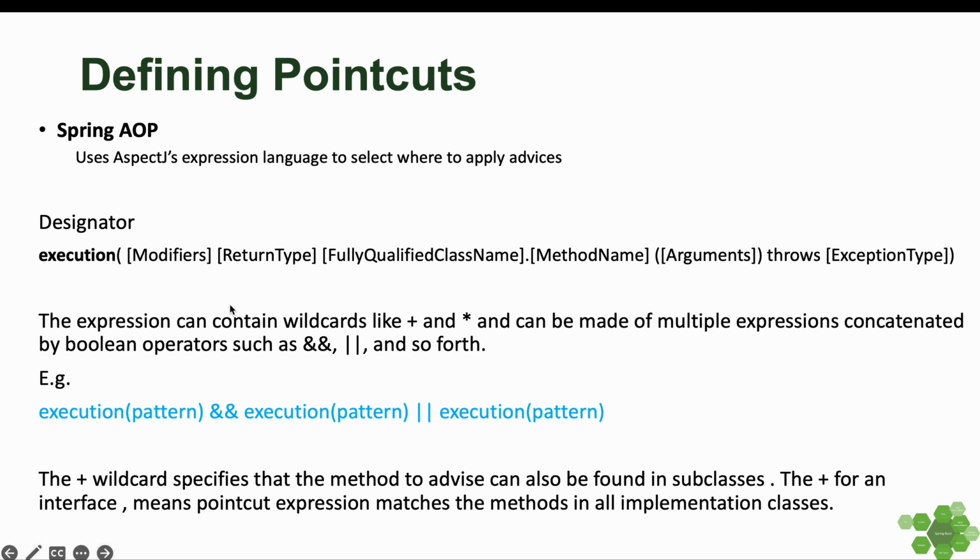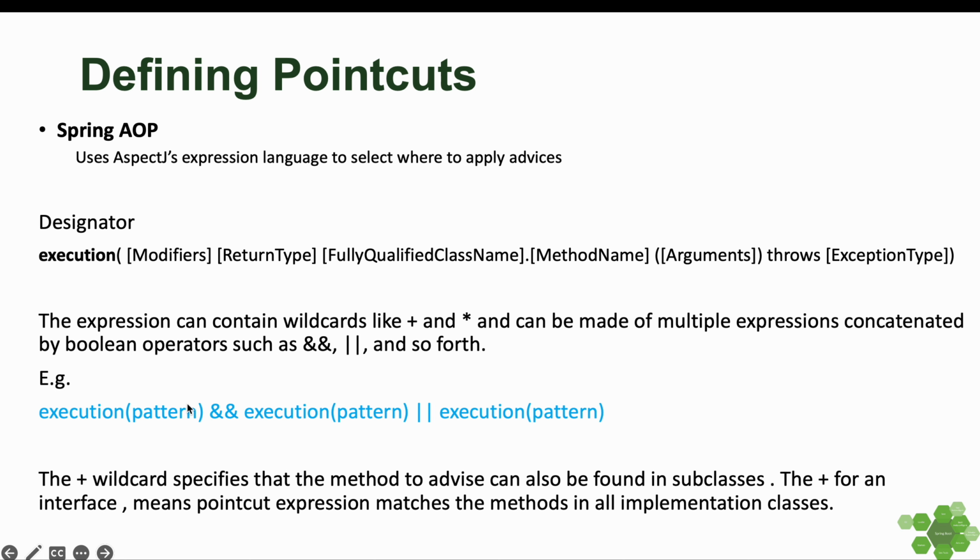The expression can contain wildcards like plus and star, and can be made of multiple expressions concatenated by boolean operators such as and, or, and so forth. I forgot what they call this in the Java language; I will remember as we go on.